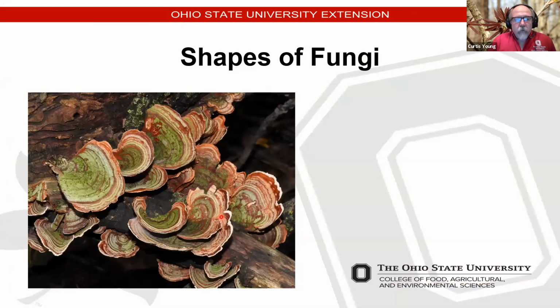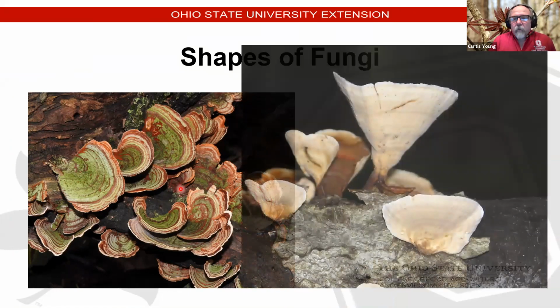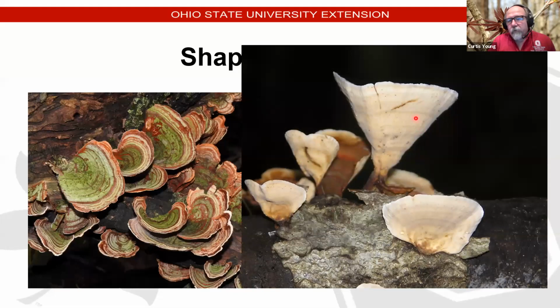I mentioned earlier the false turkey tail, and this is false turkey tail here. And from above, you can see why it is sometimes confused with turkey tail. It has that same concentric ring pattern to it. It grows on dead wood. In fact, you can find turkey tail and false turkey tail growing on the same log. But when you look on the undersurface of these false turkey tails, there are no visible pores.